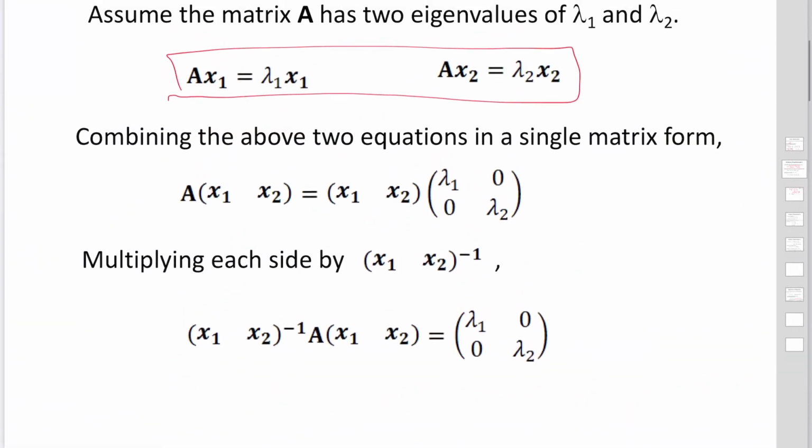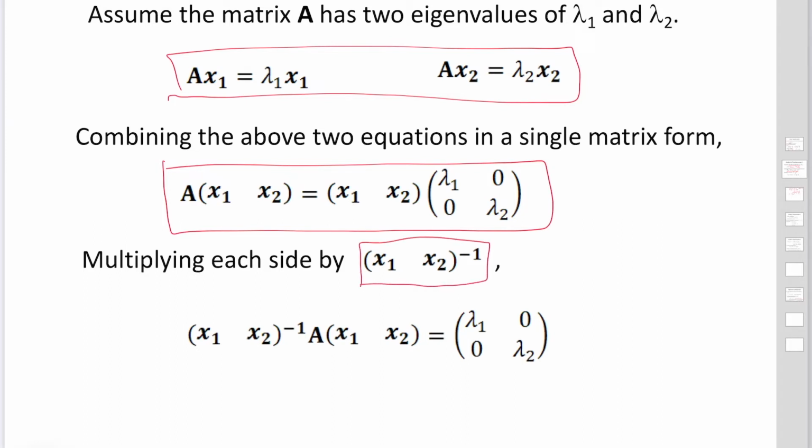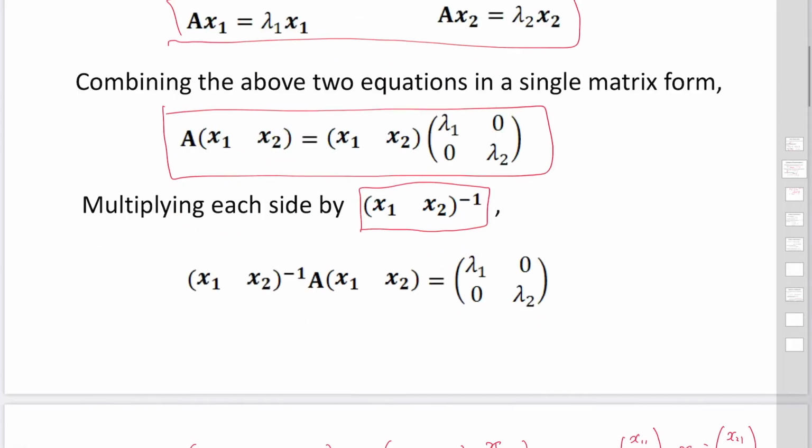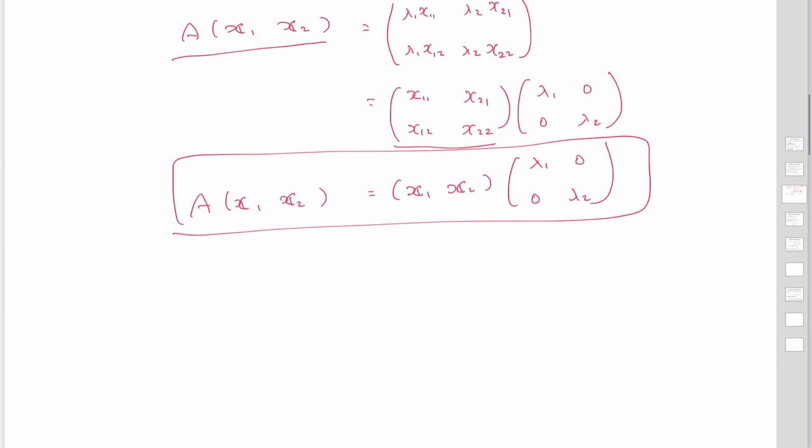This is exactly the same as the second line of the earlier equation. If we multiply both sides by the inverse of this matrix, we get (x sub 1, x sub 2) inverse times A times (x sub 1, x sub 2) equals (x sub 1, x sub 2) inverse times (x sub 1, x sub 2) times the diagonal matrix of lambda sub 1, 0, 0, lambda sub 2.